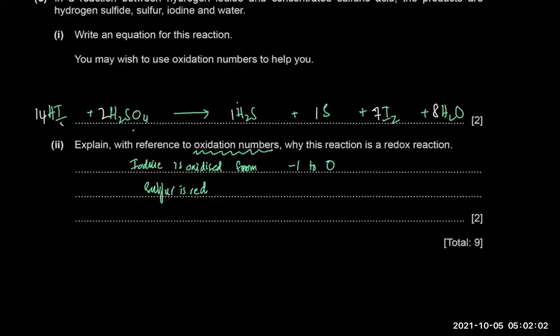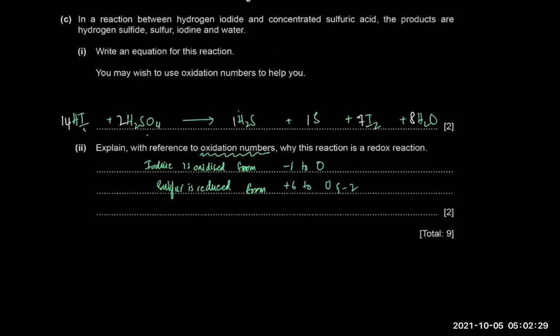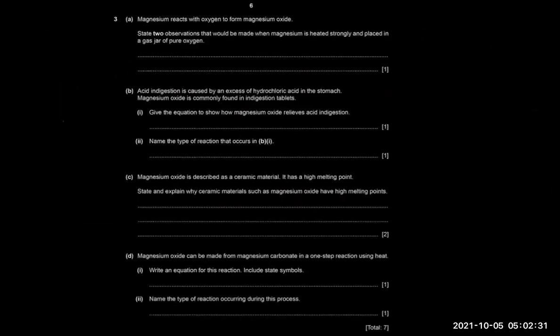Sulfur is reduced from +6 to 0 and -. Okay. So this is obviously the reducing agent, but it's oxidized, and sulfur is the oxidizing agent, but it's reduced. All right.